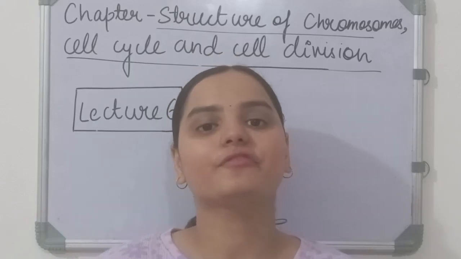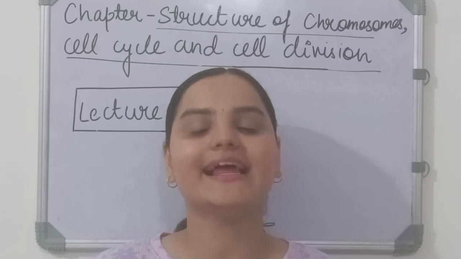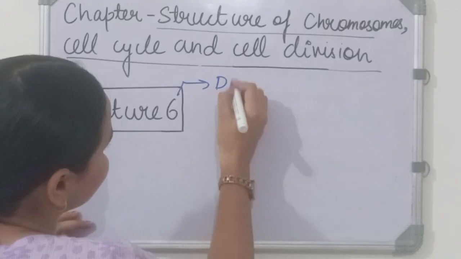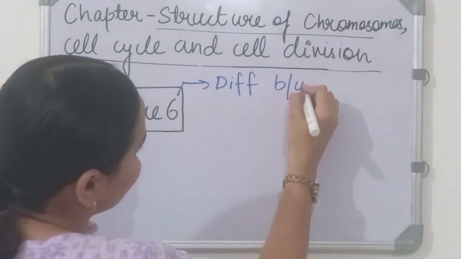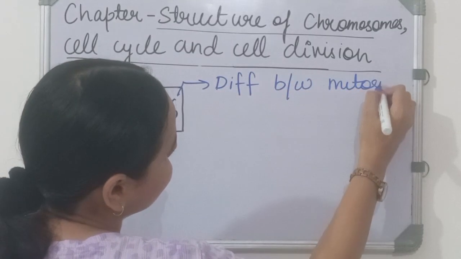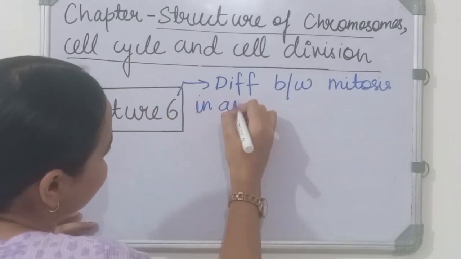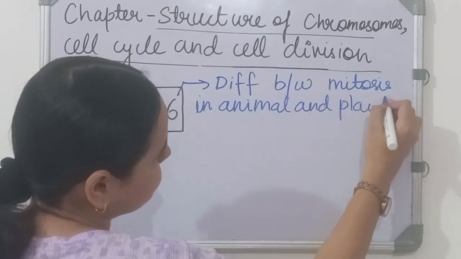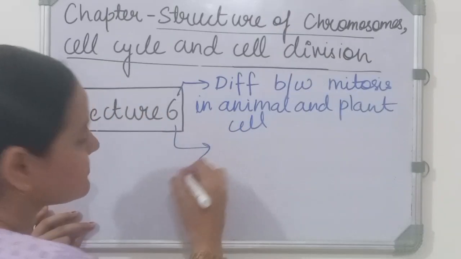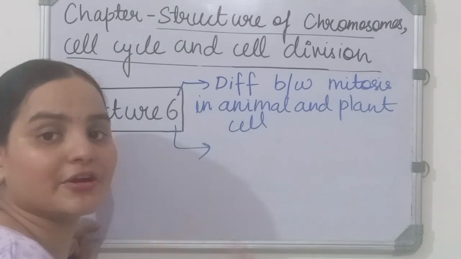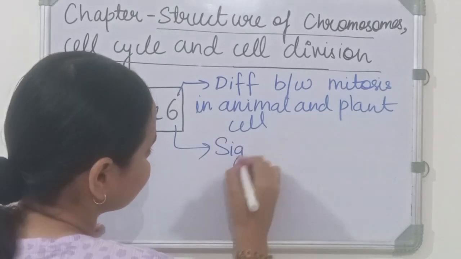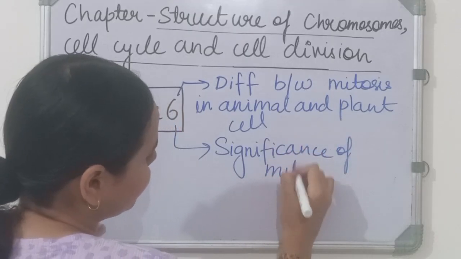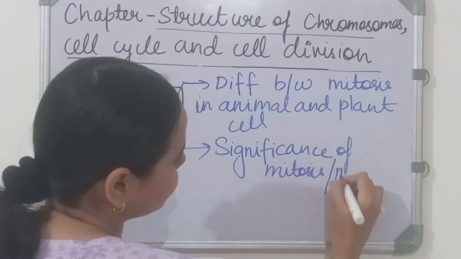This is lecture 6 of chapter Structure of Chromosomes, Cell Cycle and Cell Division. Today we are going to do the difference between mitosis in animal and plant cells. Next we will study the significance of mitosis and meiosis.